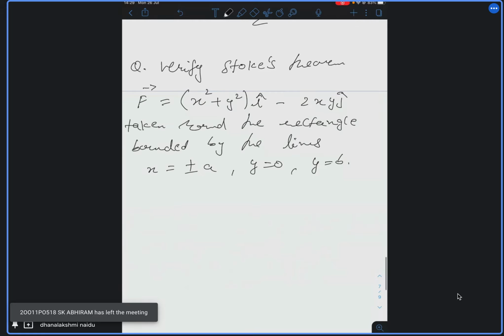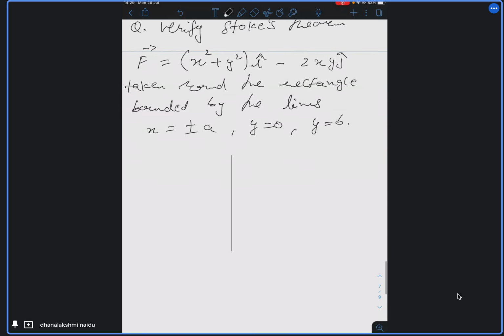So here the rectangle, if I draw, x is equal to plus or minus a. So this is minus a, this is plus a.